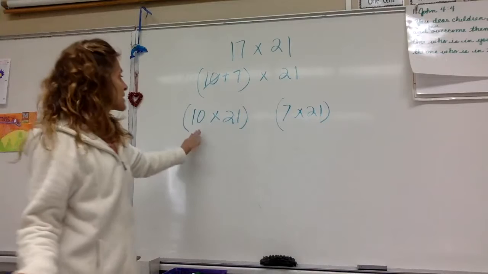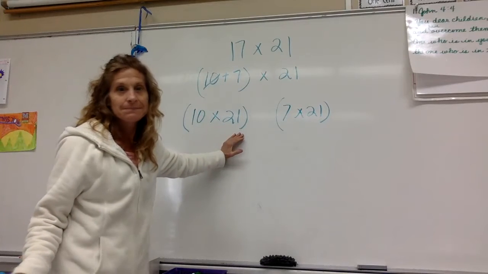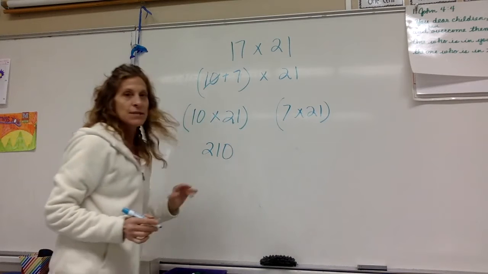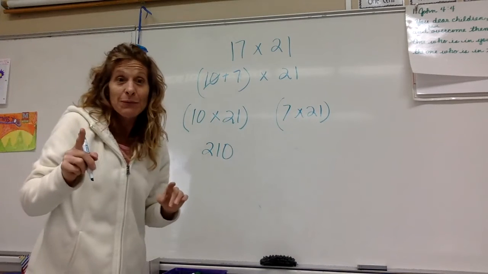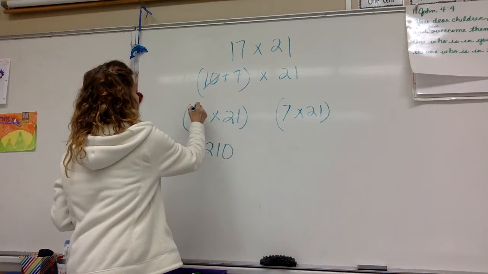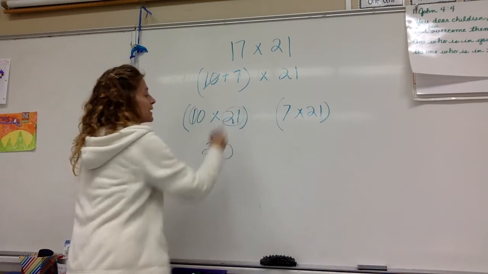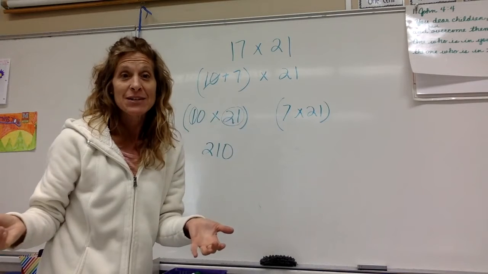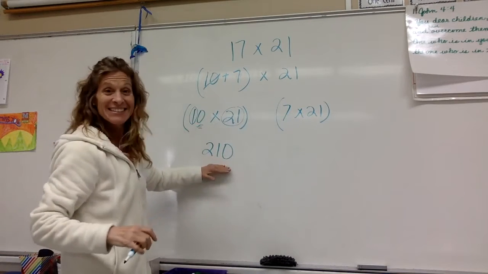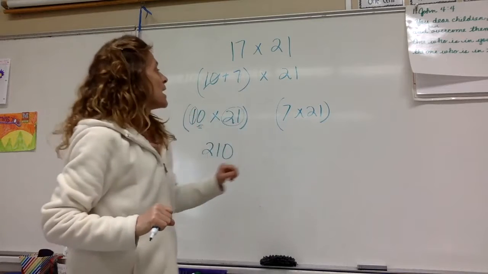Now we do the math. Okay, so what's 10 times 21? 210. And if we followed our zero principle, where we did 1 times 21 is 21, how many zeros do I add? 1. Okay, yeah, hey, it works.